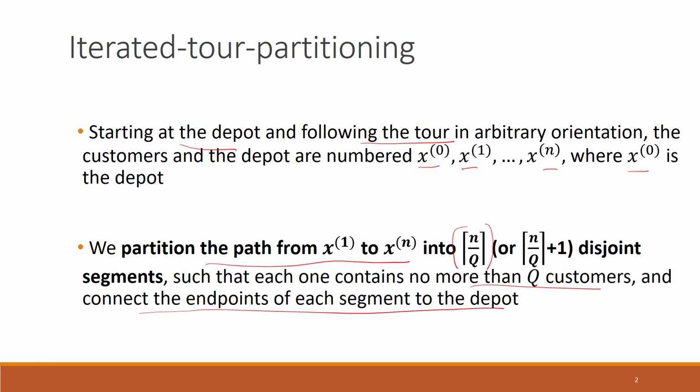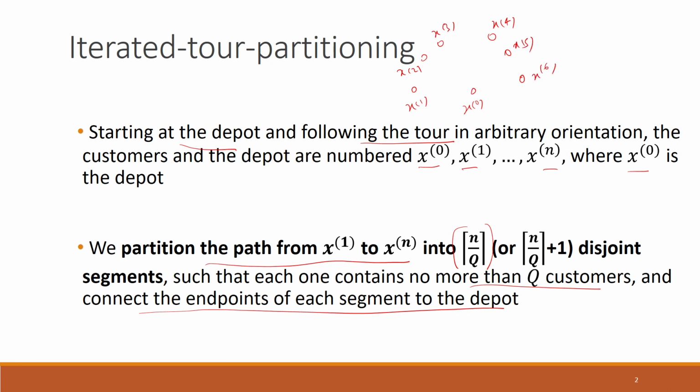If you remember the last example that we had seen, we had obtained two solutions from it. One was this x0 node, the depot node, and then we had 6 customer nodes: x1, x2, x3, x4, x5 and x6.